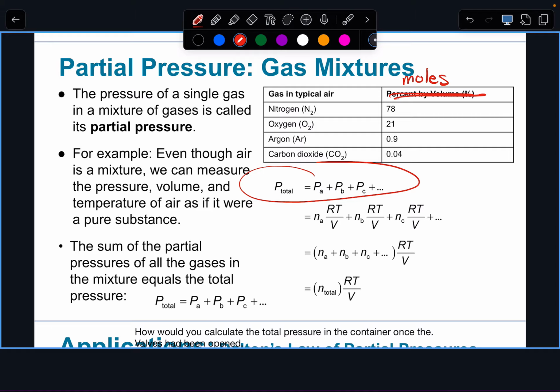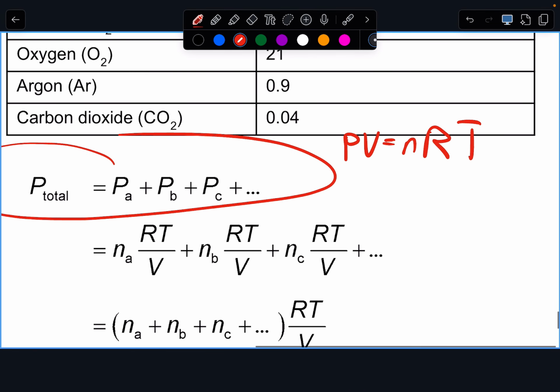Okay, so what we can do is we take PV equals nRT, solve that for pressure. So let's say actually even add subscripts right now. So like let's say pressure of A and moles of A, because volume and temperature are for the whole container. R is a constant.